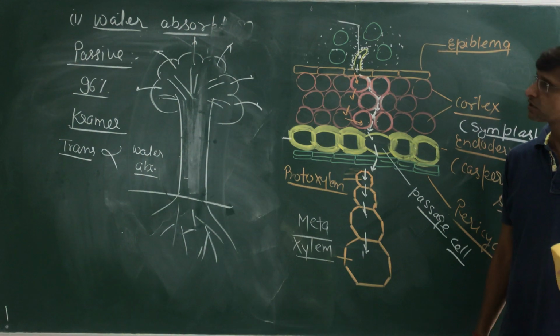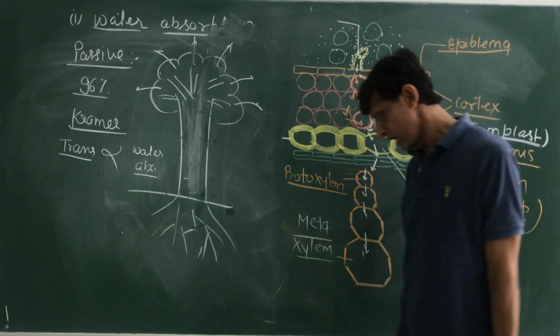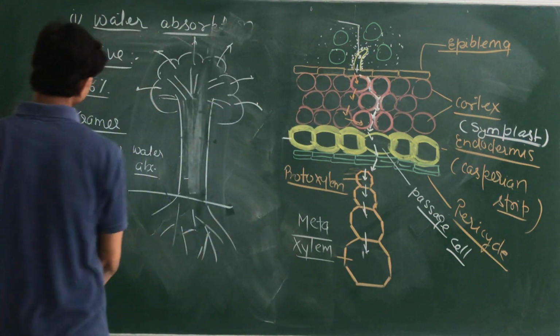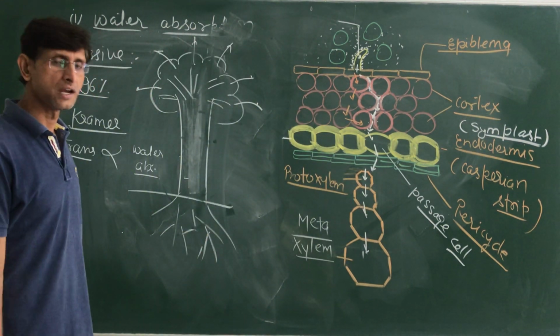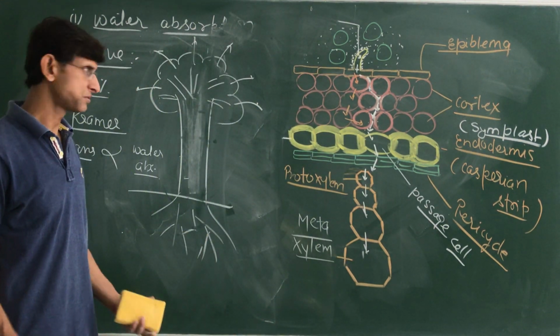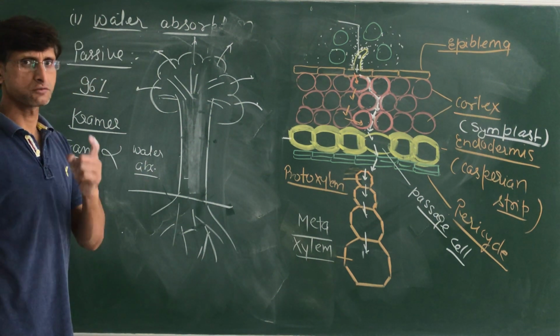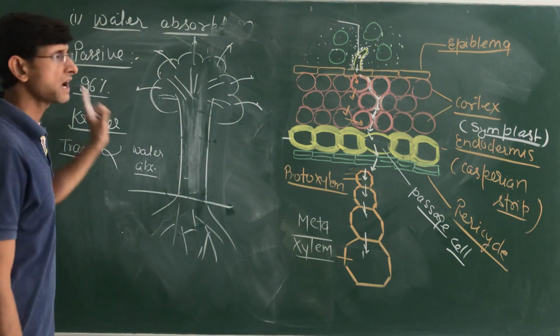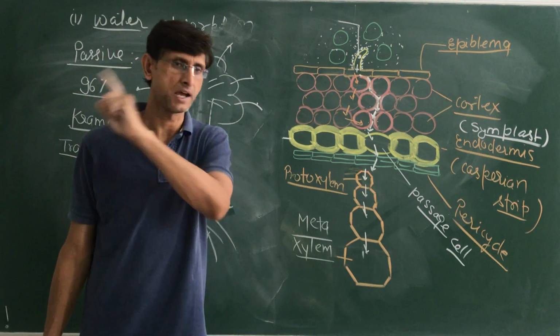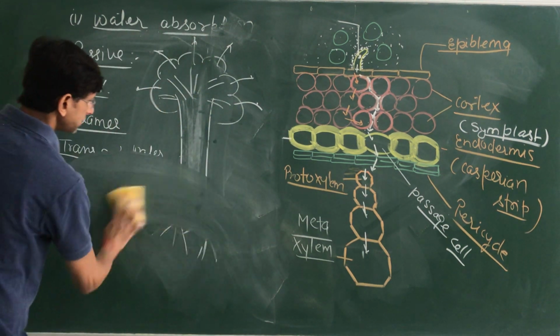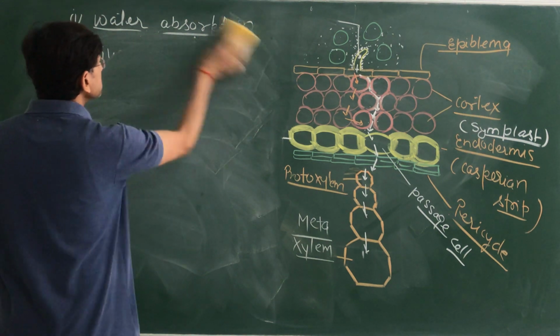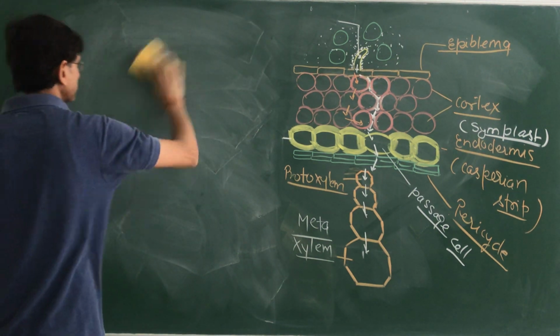So passive water absorption occurs through apoplast. So we have discussed two types of theories of water absorption: the active water absorption and the passive water absorption. And the more important type of absorption is passive water absorption, and it always occurs through apoplast. So these are the important conclusions from water absorption.